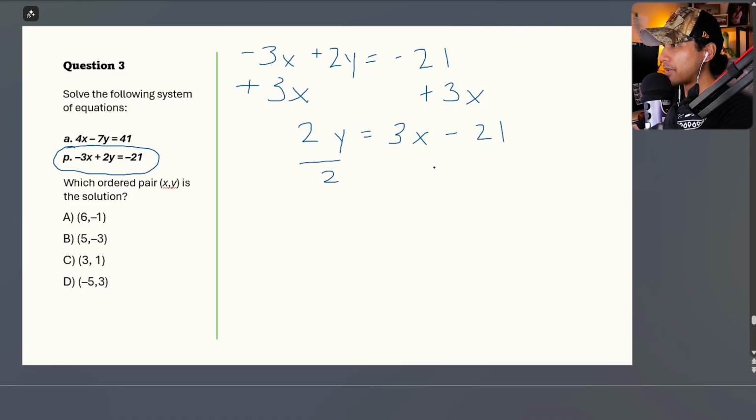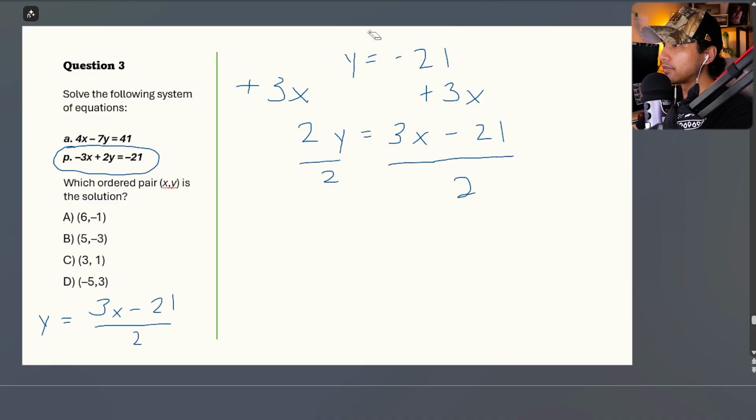Then I'm going to divide everything by 2, and we get y equals (3x minus 21) divided by 2.